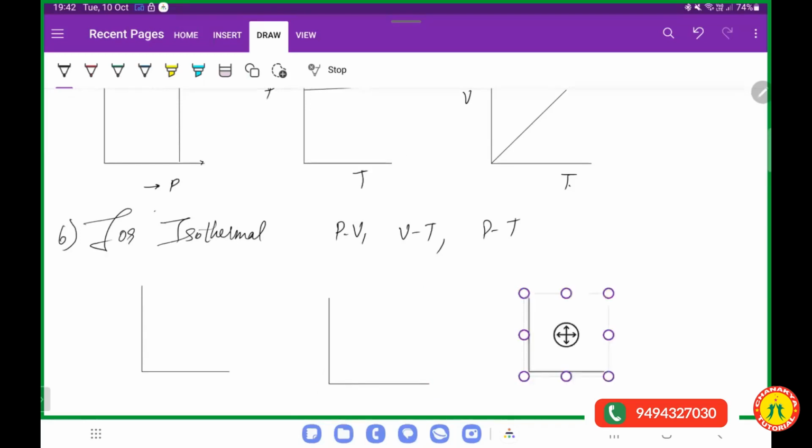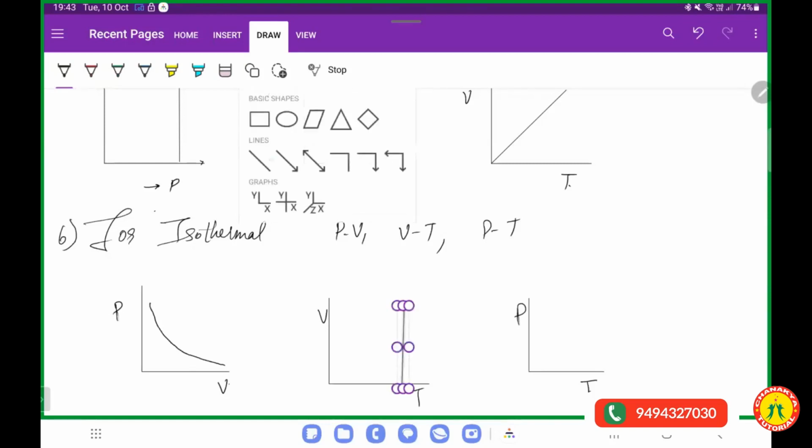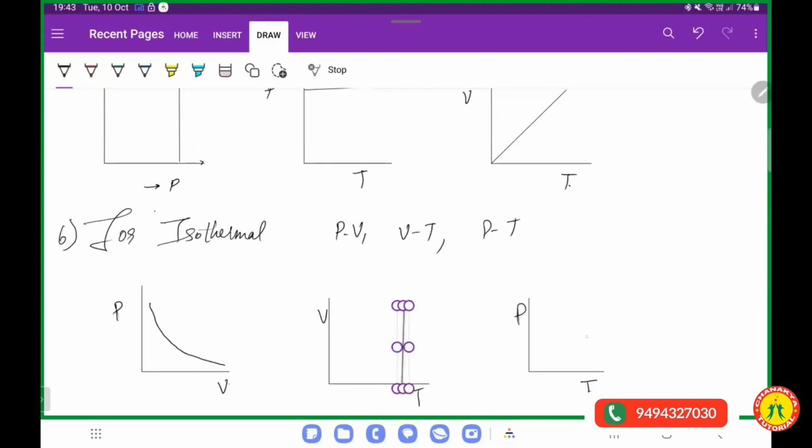Isothermal means we need a temperature constant. So if I take PV here, then VT should be here, then PT. So I want temperature constant. In this case, temperature constant means rectangular hyperbola or hyperbola, we can say. Then here temperature constant means this line. I'm not doing anything new, same thing. Here pressure and temperature constant means here this line.